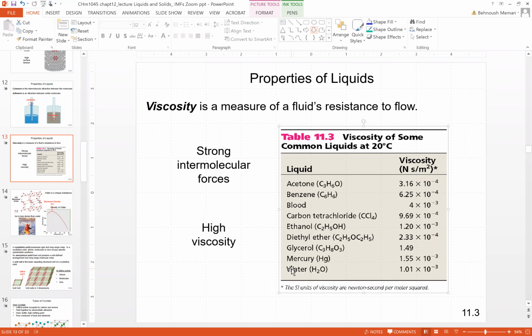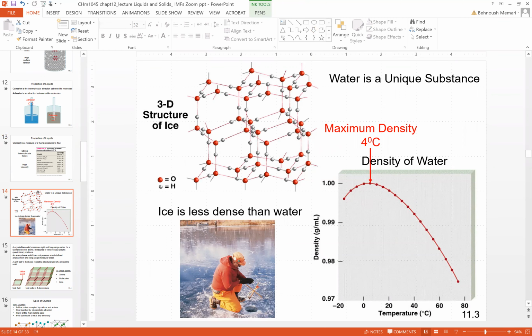So glycerol has 3 OH bonds. It's going to have much higher intermolecular forces because you have a high population of OH bonding there, and that's why you have 1.49, which is higher than everything else in this group. So viscosity is affected by intermolecular forces.